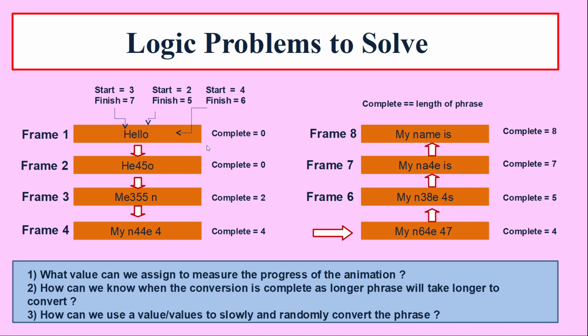We'll make sure those added characters are spaces so they don't affect the title, but each of those spaces also has a start and finish value. That will allow us to slowly and randomly convert it. So that is the logic that we're going to use to make our JavaScript. In the next video, I'm going to be building the JavaScript using this logic.